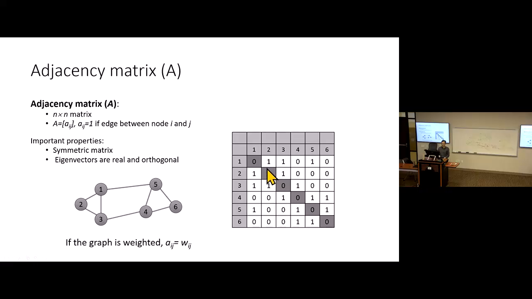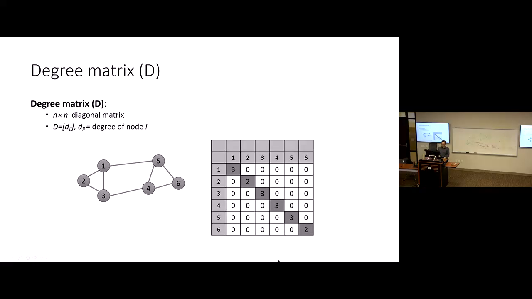And node 2 only has 2, and node 3 has 3, so we sum each column. So it's very easy to compute the degree matrix. So A is your definition, then you compute the degree matrix D from A. This is a degree matrix, not a distance matrix. Distance has already been taught.